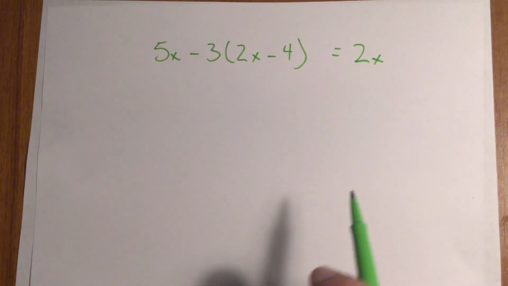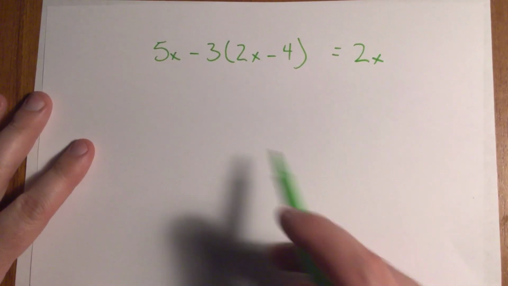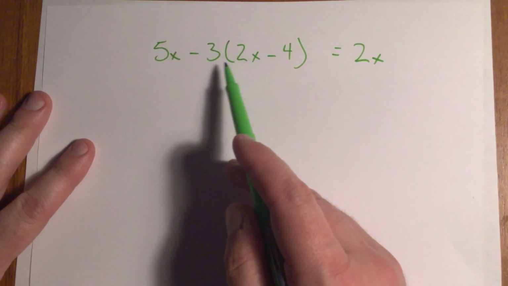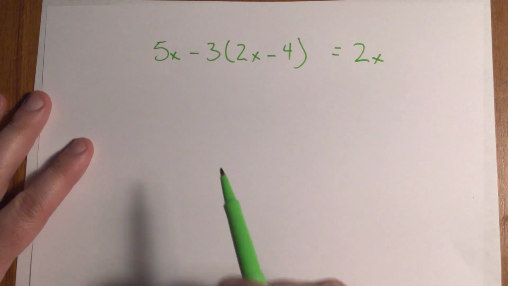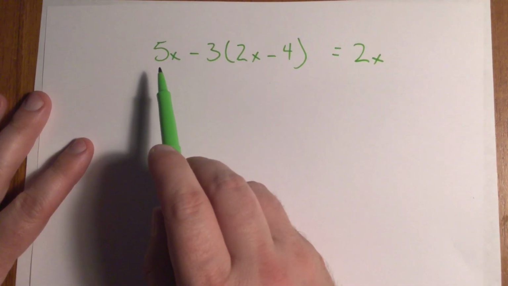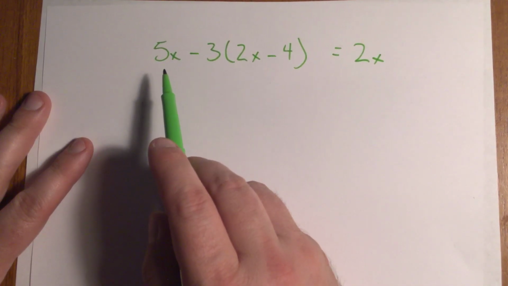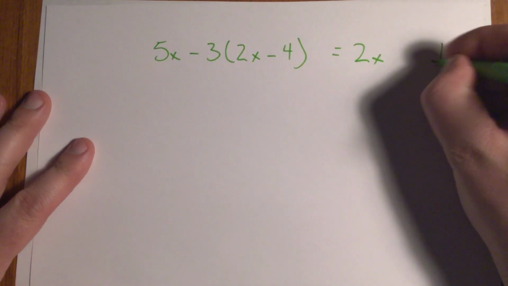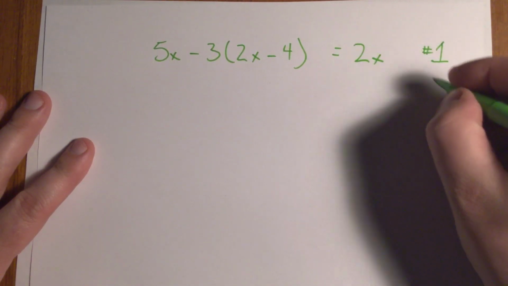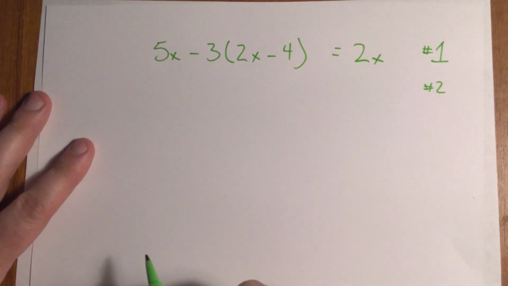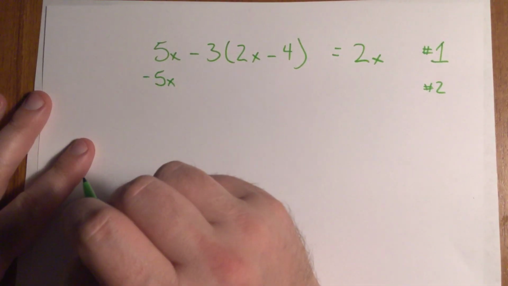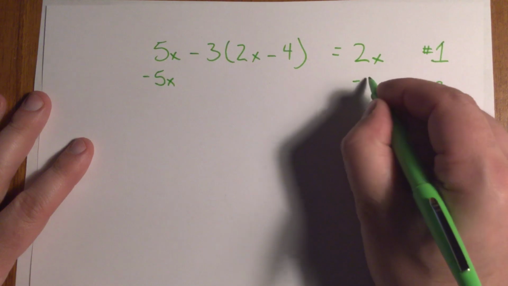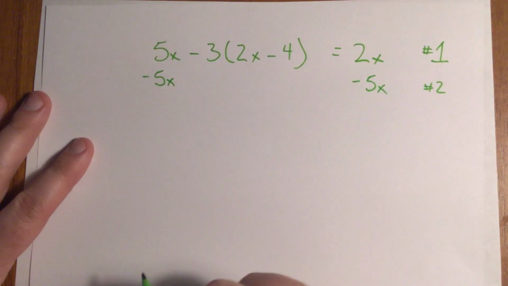The way Jelani started this, a lot of times I like to start with distributing to get rid of this, but that's not how Jelani started. Jelani started, it looks like, by getting rid of this 5x. So his first step is step 1. Going to step 2, it looks like he subtracted this 5x, and to keep it balanced, he must do the same thing there.